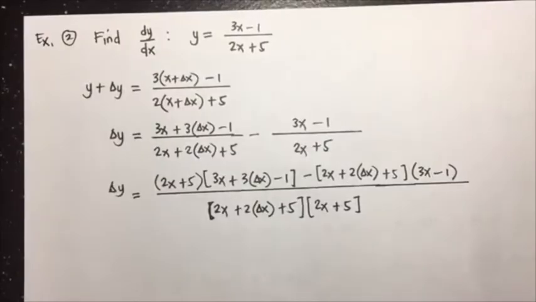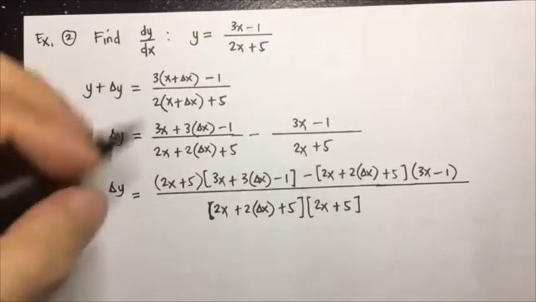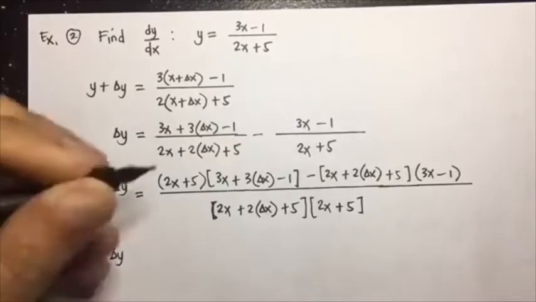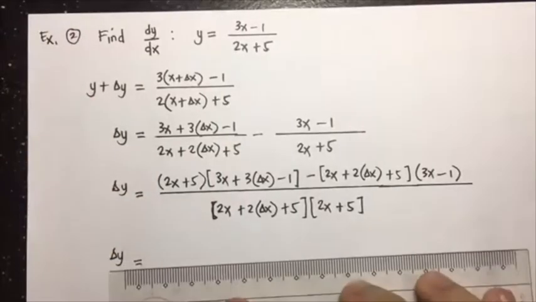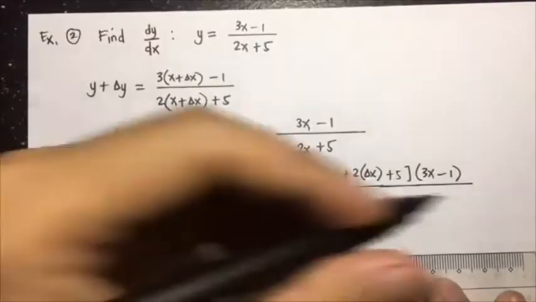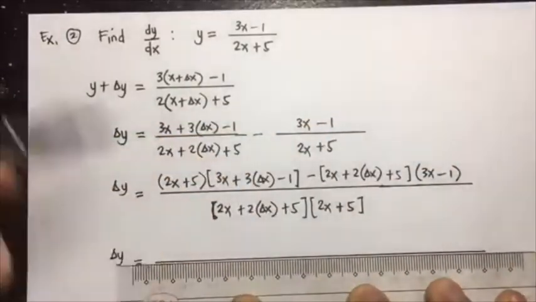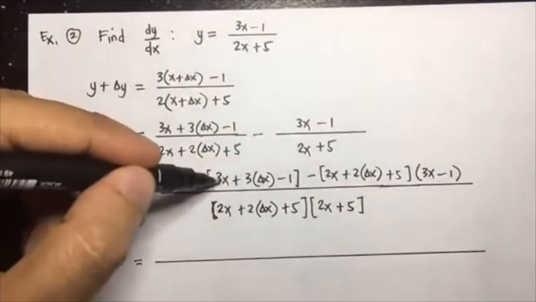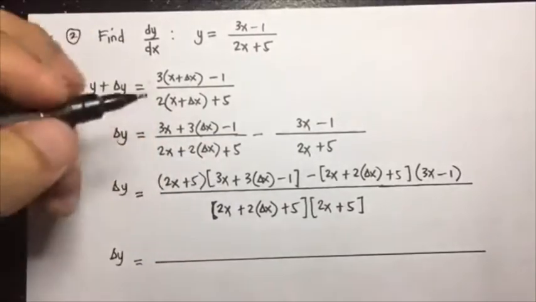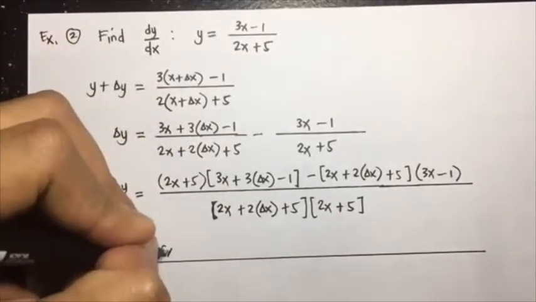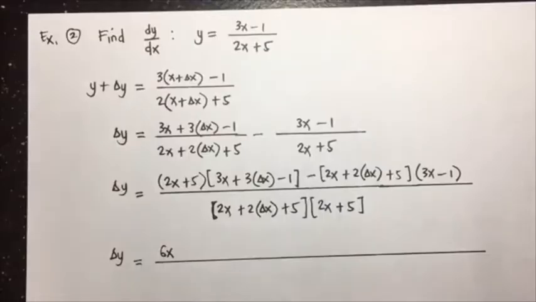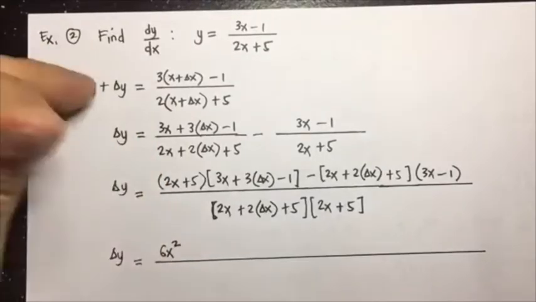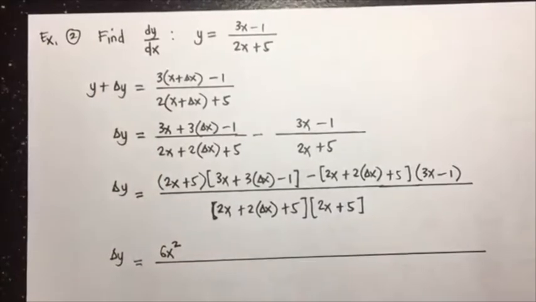Okay, so adding, but first we need to expand the numerator. So delta y is equal to, distributing, multiplying all the terms, 2x times 3x is 6x squared, right?